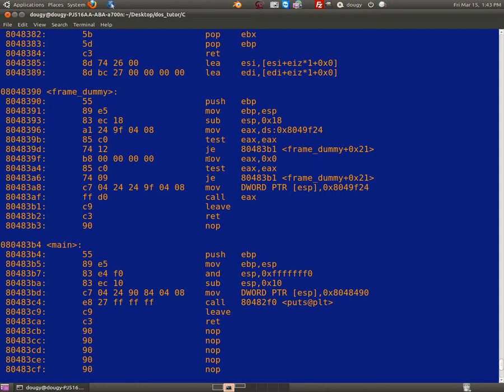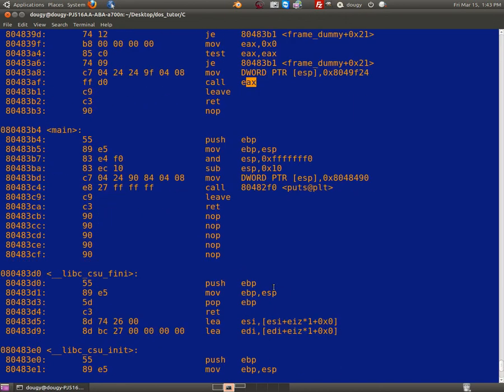For instance here, you are moving stuff in EAX, and then you're going to call EAX. Call is to request data from that location. So if you say call, it requests data from the EAX location. You're just moving stuff around.